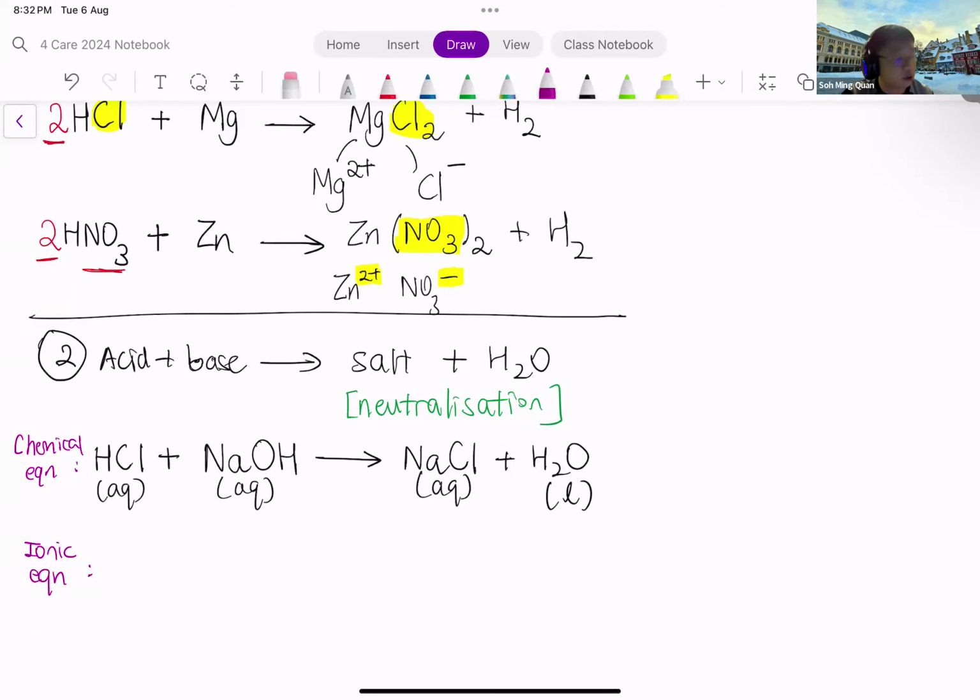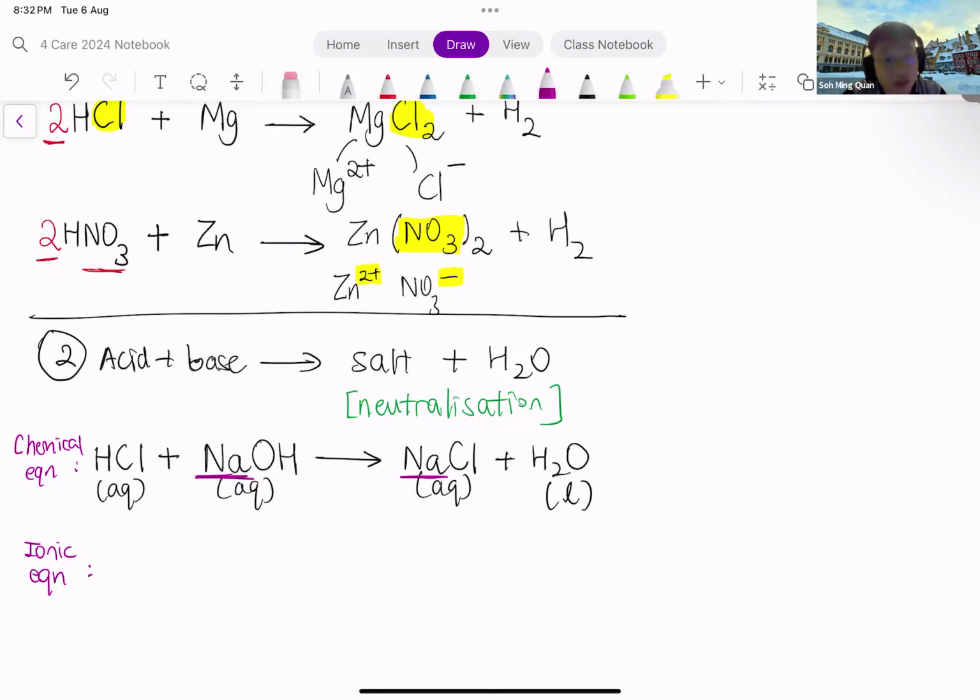A good example is sodium. On both the left and the right side of the arrow, the sodium remains as Na+. It's Na+ on the left. It's also Na+ on the right. So sodium did not change, and therefore sodium should not go into the ionic equation. Ionic equation should only show the ions which have changed.